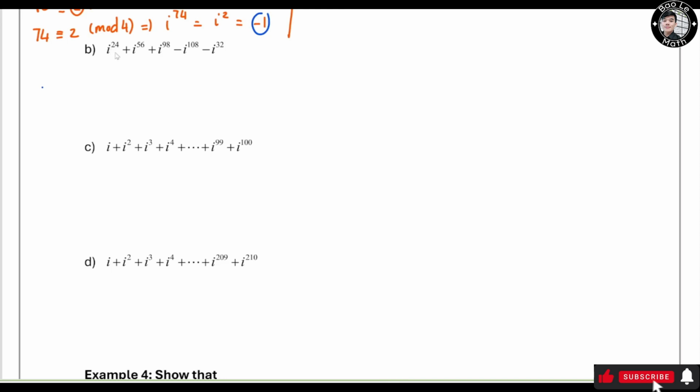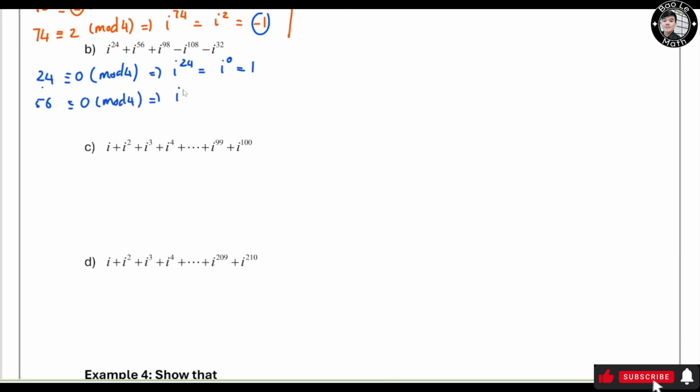Now question B, similar to question A, right? So we have 24 congruent to 0 mod 4, right? So then i to the 24 equals i to the 0 is going to be 1, right? Now 56 is congruent to 0 mod 4, right?